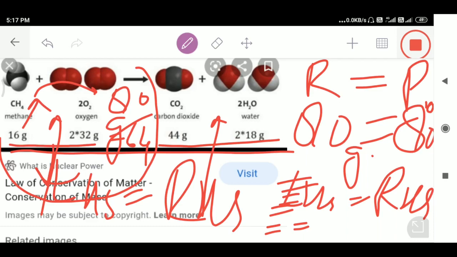Whenever there is a reaction between methane and oxygen, there is a formation of carbon dioxide gas, along with the formation of a water molecule, and the gross total of the atomic mass of the reactants is equal to the mass of the products. From this discussion, we came to know that the mass of the products is equal to the mass of the reactants. That's mass remains conserved.